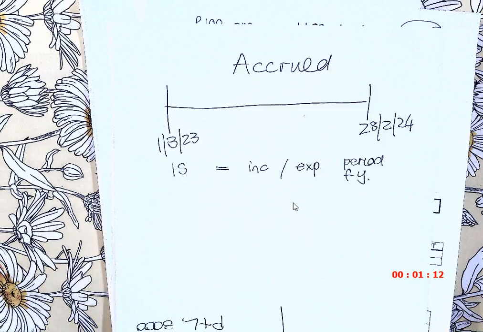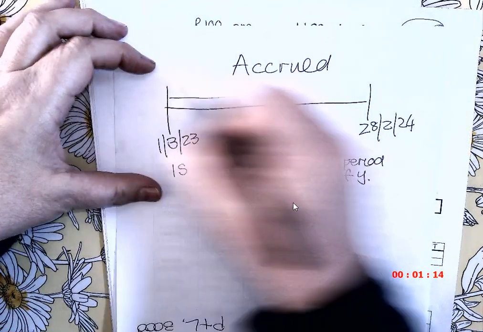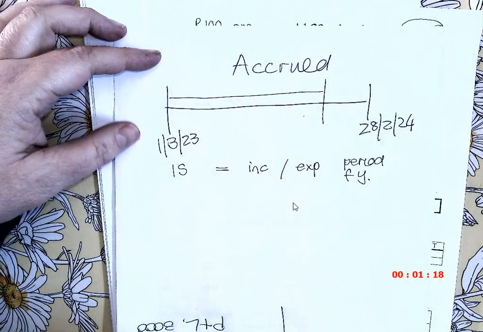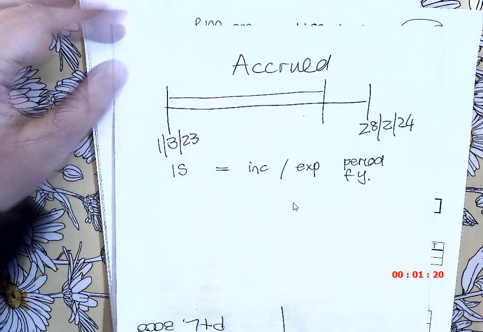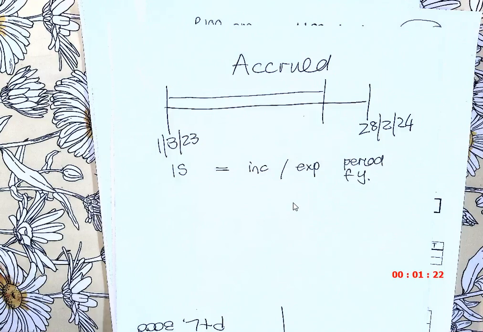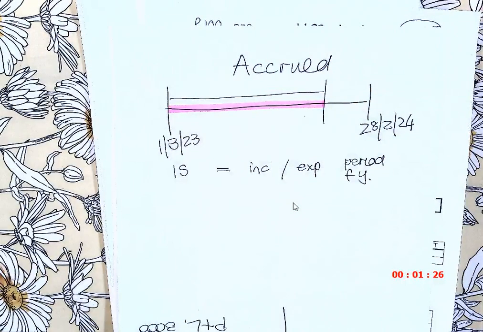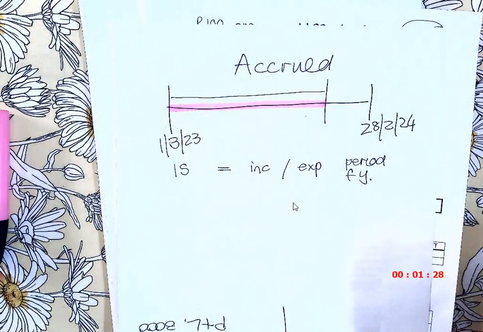For instance, let's say I paid my water and electricity up until here. Can you see that it's only a part of the year? It's not the whole year. So in other words, the expense I paid is not a true reflection of my expense for the year.